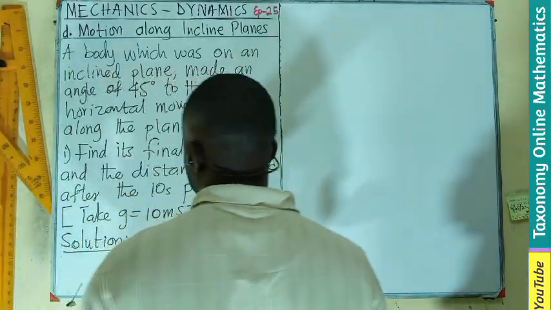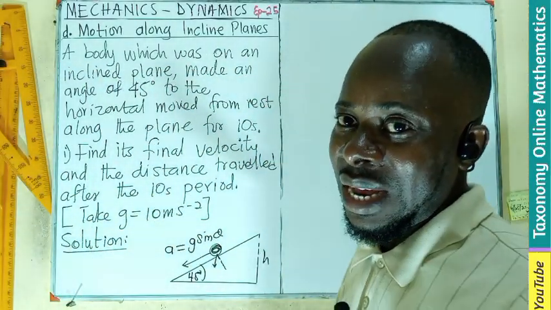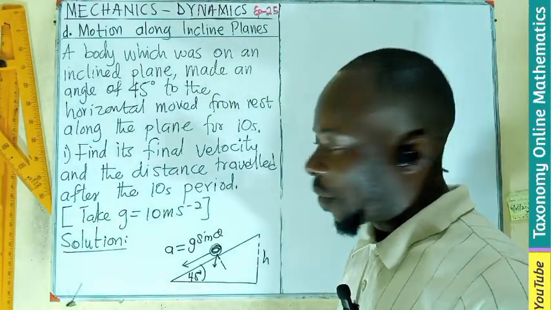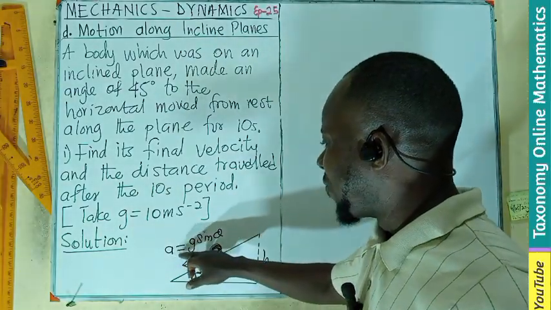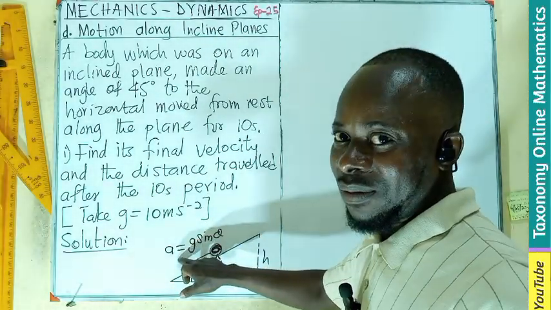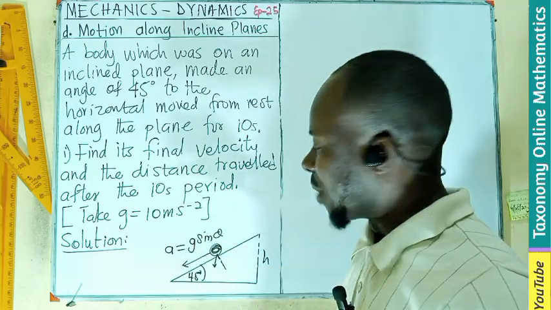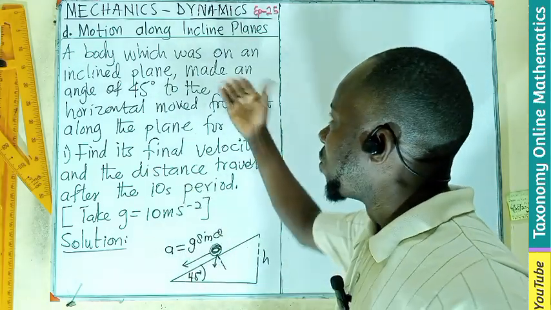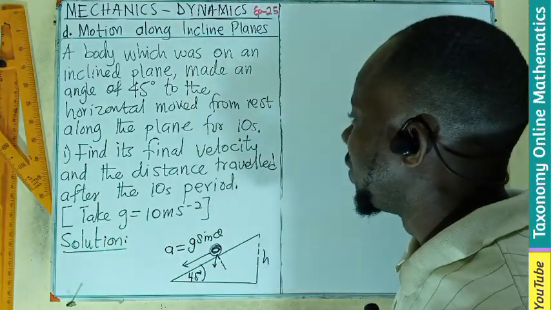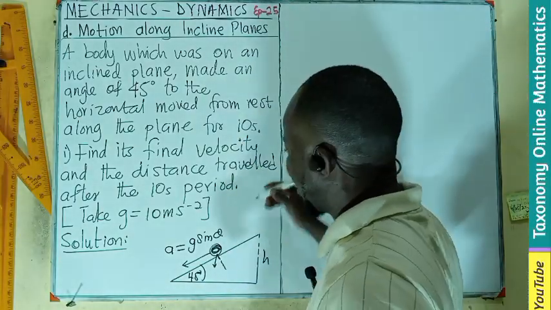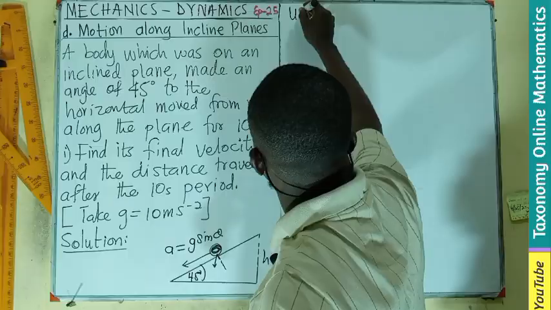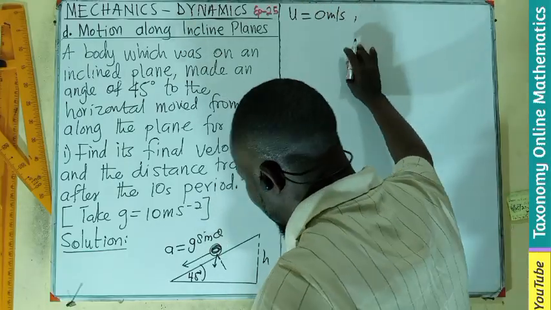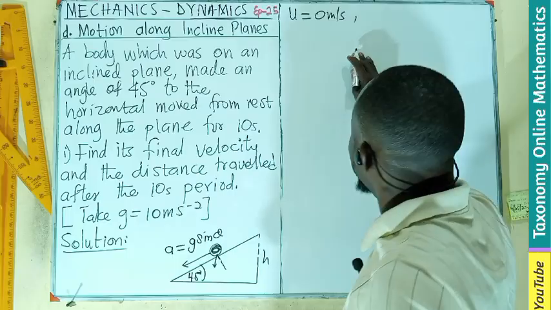I can quote the formula, just like we did in the episode before this, or I'll go ahead and find the acceleration. You can do the same, but I'm going to quote it because I'm following this as the second episode from episode 24.